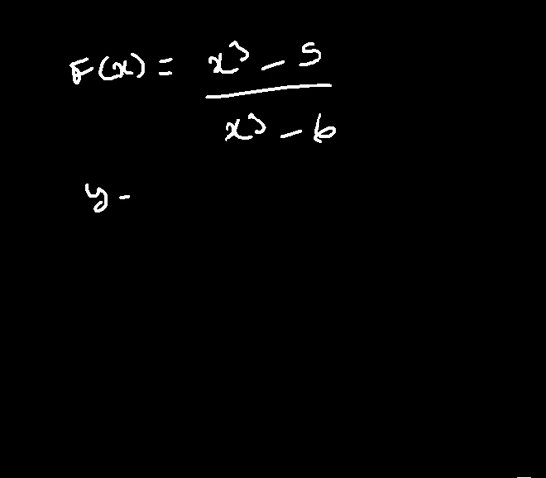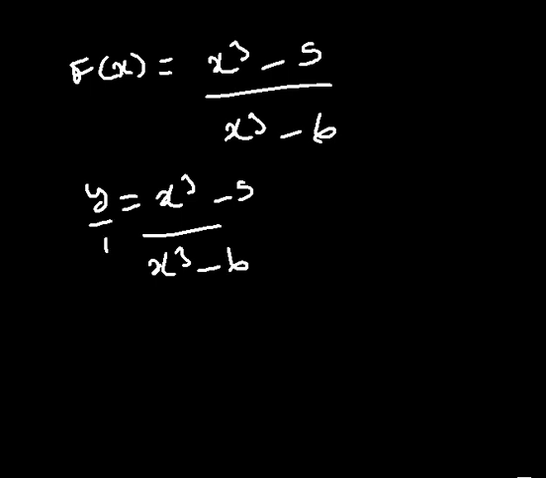And what if we have, let's say, f of x equals x to the power 3 minus 5 over x to the power 3 minus 6. How should you find the range of the function? The principle remains the same. We have y equals x cubed minus 5 divided by x cubed minus 6. We cross multiply.